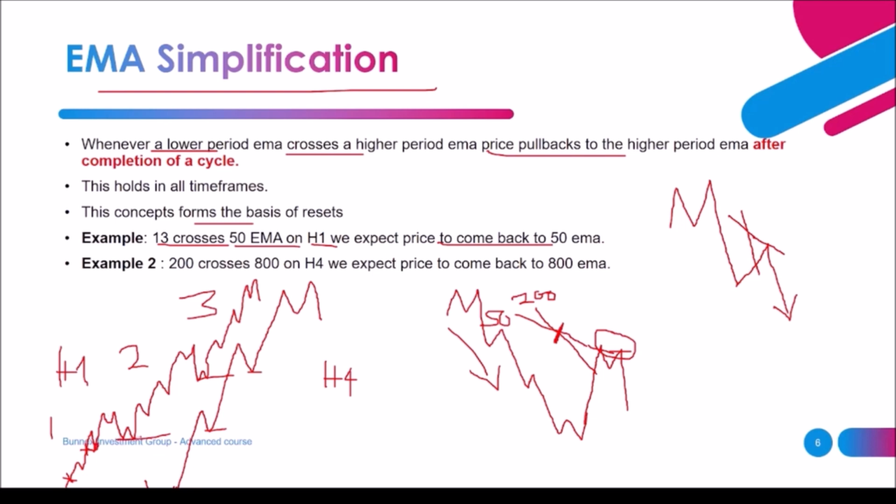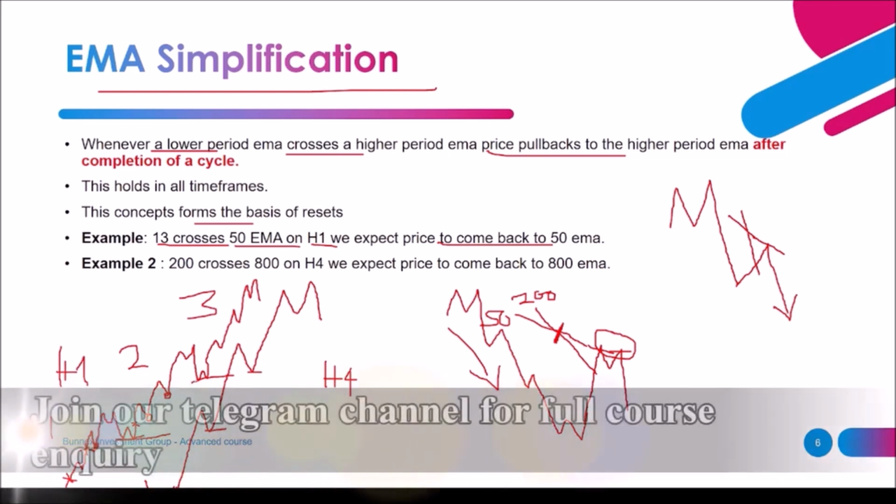Then we have our reset on the 200 EMA. After that, we expect level 1 to be given with a 13 and 50 EMA crossover, then level 2 starting as a bounce on the 13 or 50 EMA, then level 3 also starting as a bounce on the 13 or 50 EMA. Then we have another reset on the 200 EMA again.